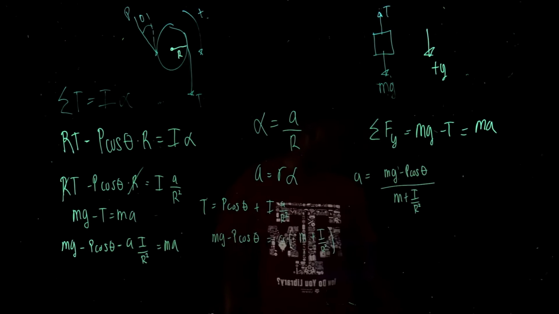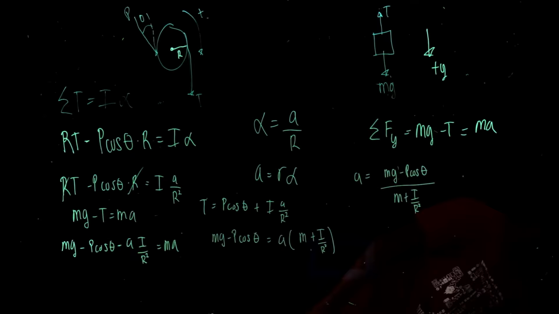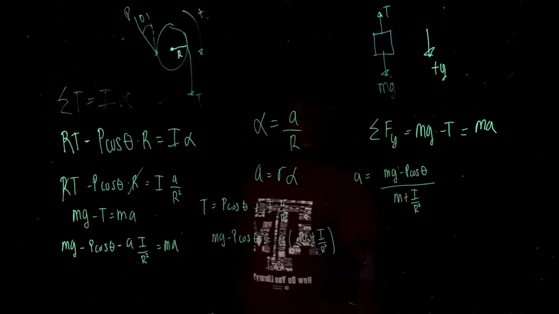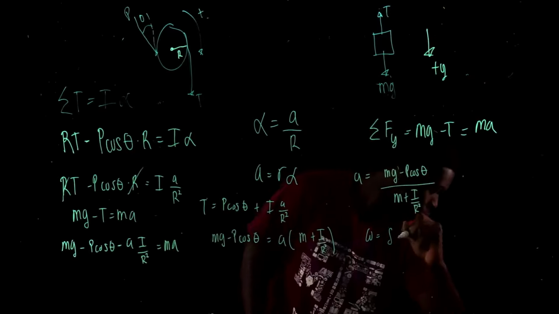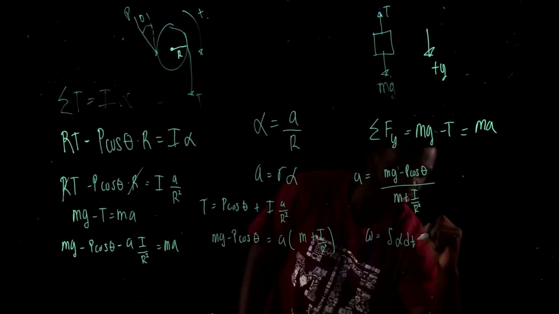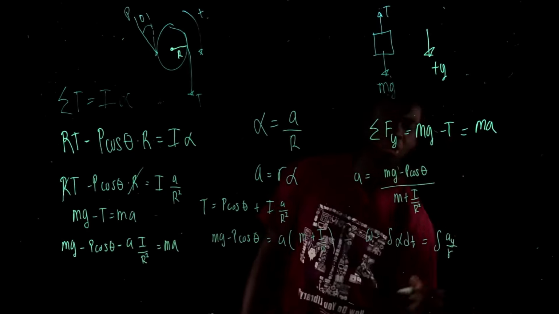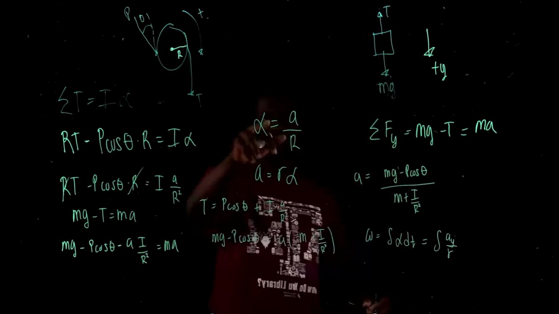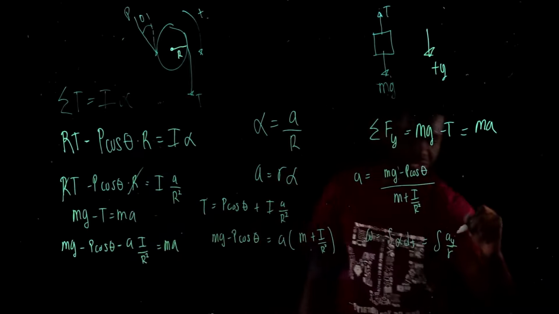Now it's going to be easier to find the omega, which is what we're looking for, to find the angular velocity. We know the formula for angular velocity is equal to the integral of alpha dt, which is equal to A over R, because alpha right here, we know it's A over R, so it's the same A over R and dt.